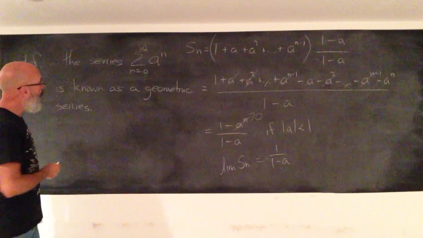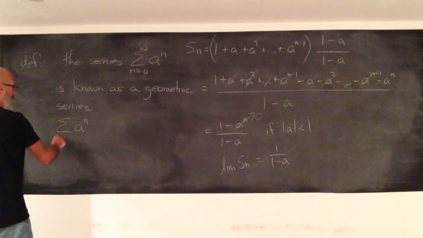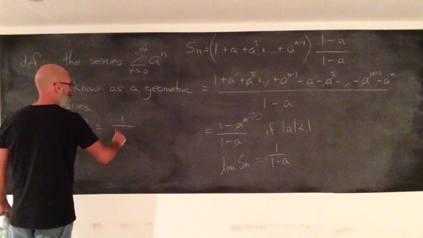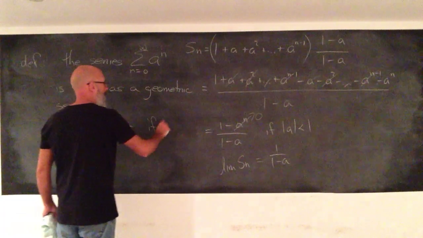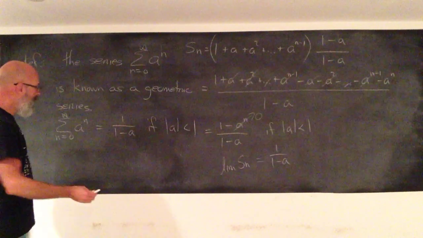The series converges to 1 over 1 minus A if A is less than 1 in absolute value and diverges otherwise.